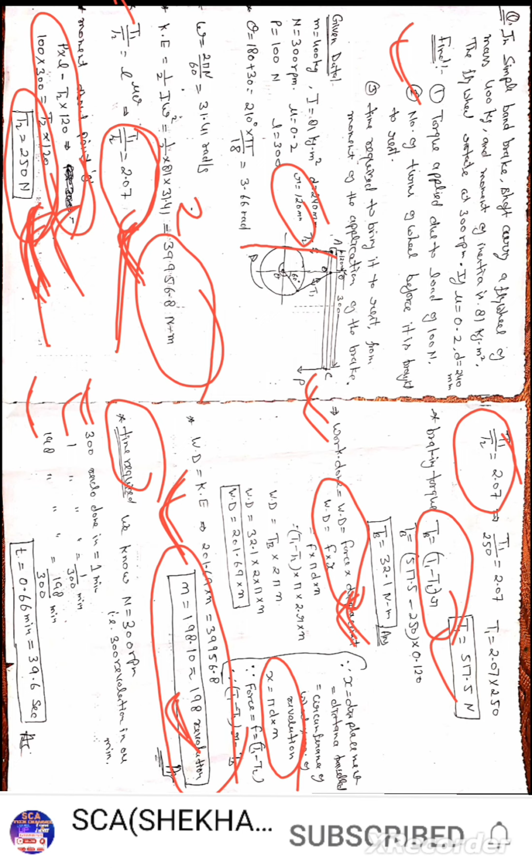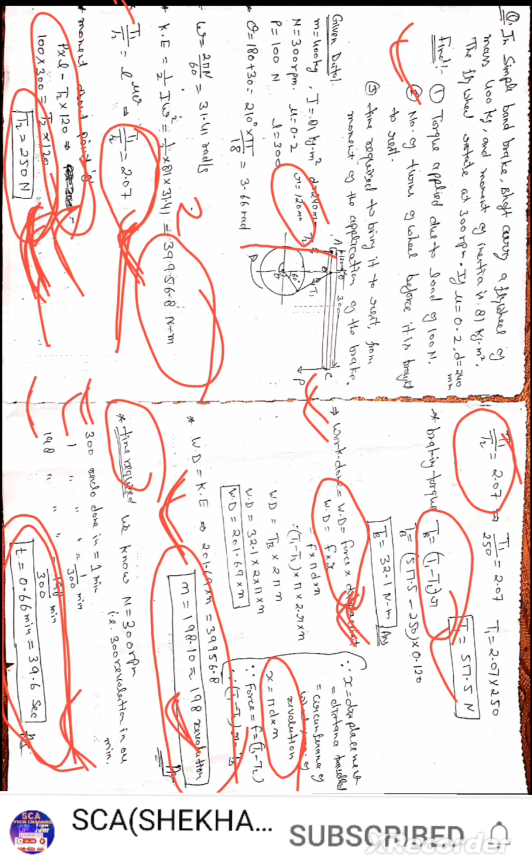That is equal to 0.66 minutes. Multiplying 0.66 by 60, we get the value of 39.6 seconds. So the time required to bring it to rest is 0.66 minutes or 39.6 seconds.